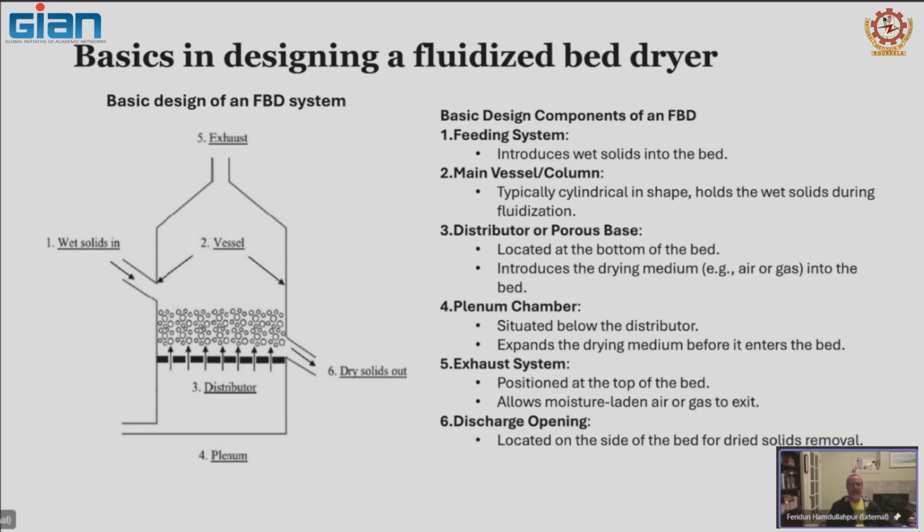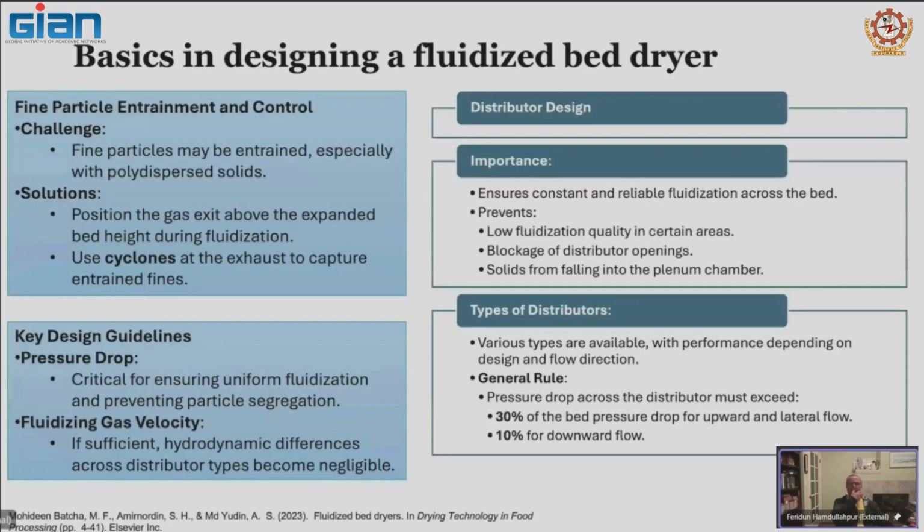And do you need to clean this air? Then you will need gas cleaning apparatus there. Okay, so these are the basic elements of a fluidized bed dryer that you will be thinking of. You'll either manufacture them in-house or you will order them through suppliers.